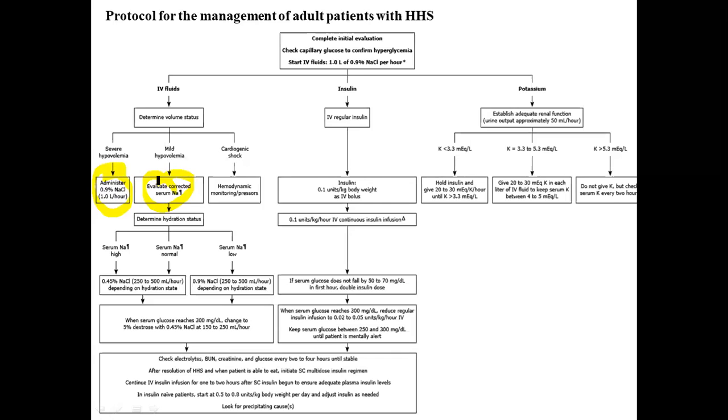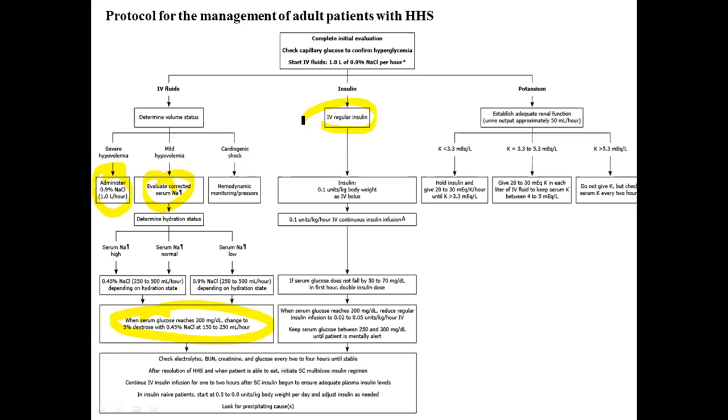If high, you give hypotonic saline. If normal, you can even give hypotonic saline. If low, you better give normal saline. Then when the glucose level reaches about 300, you can change to 5% dextrose with hypotonic saline to prevent the risk of hypoglycemia as a result of continued insulin infusion.